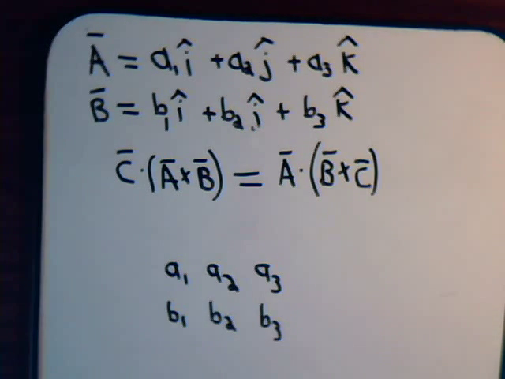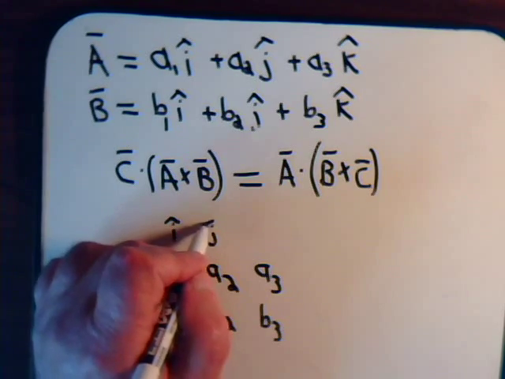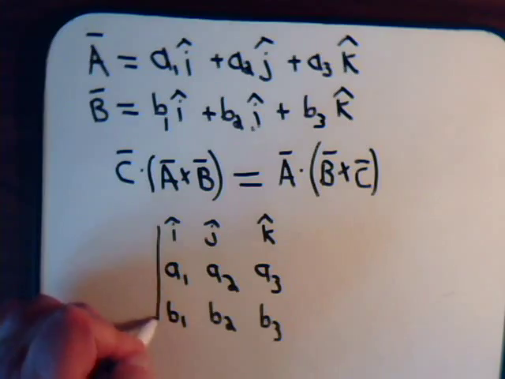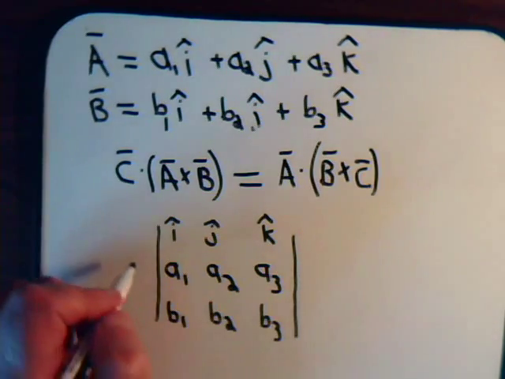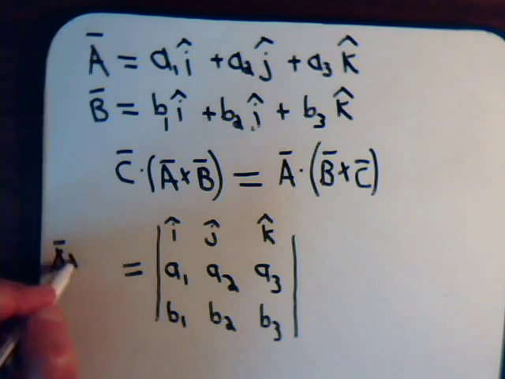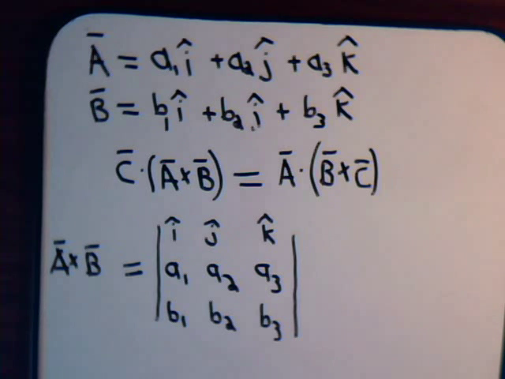And then up on top we write the unit vectors. And that determinant equals A cross B. And the order is important.